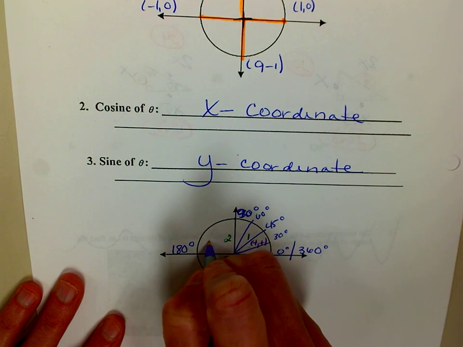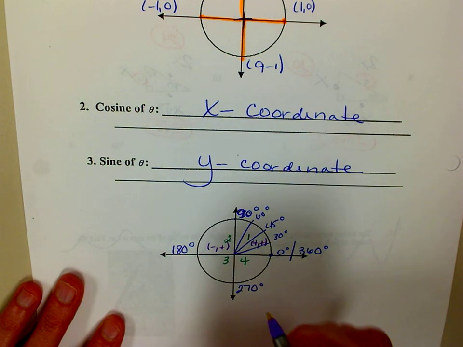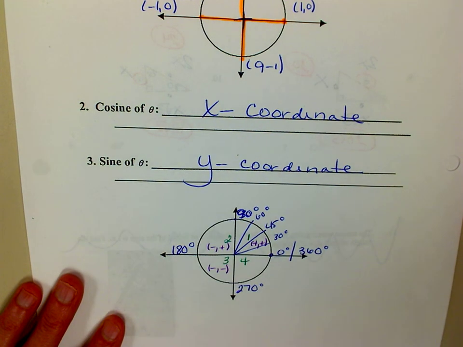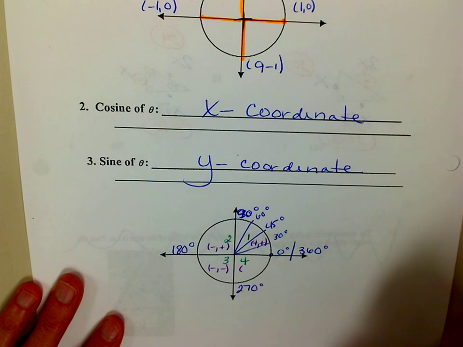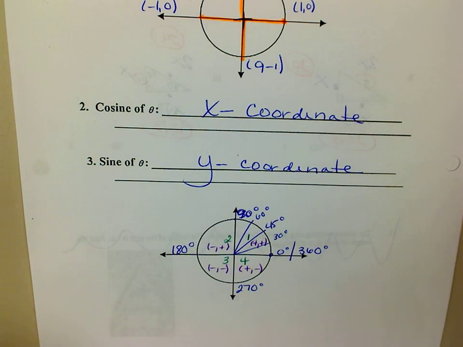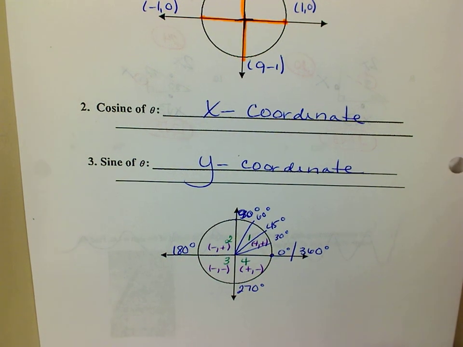In the second quadrant, x is negative and y is positive. In the third quadrant, both x and y are negative. In the fourth quadrant, x is positive, y is negative. Okay, I might have to refer back to that eventually, but for now that's good.